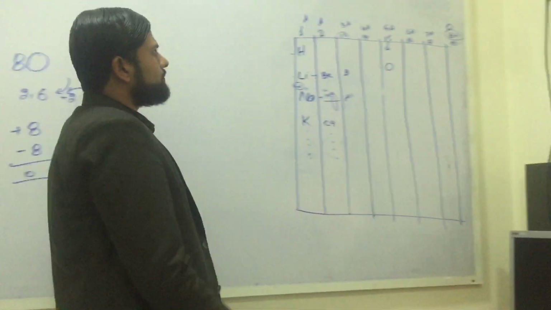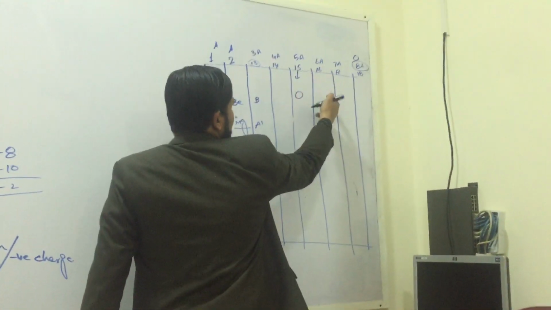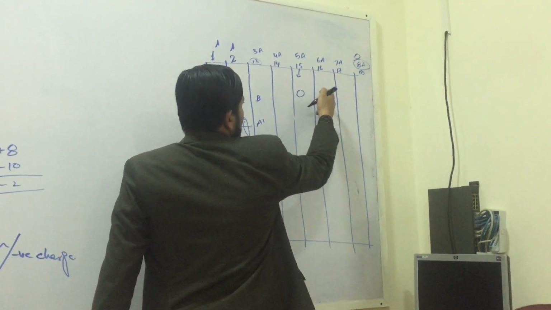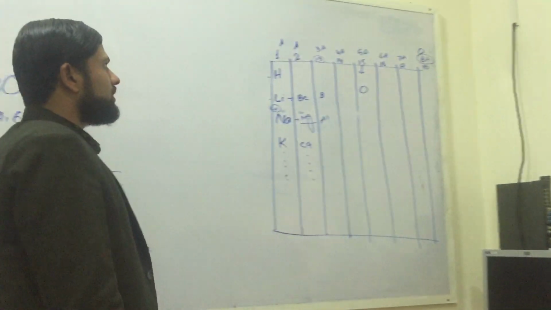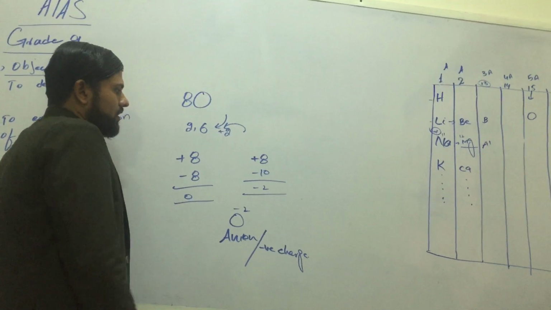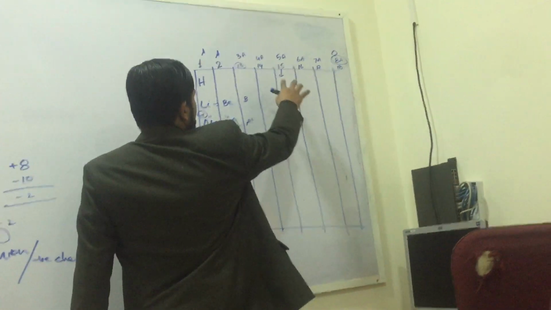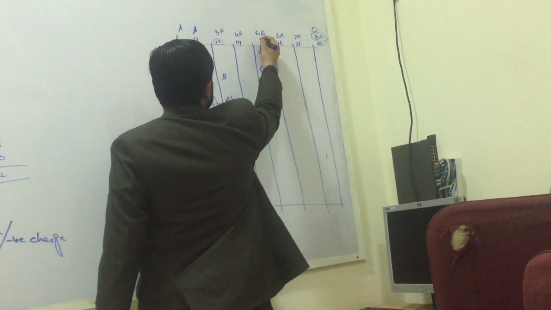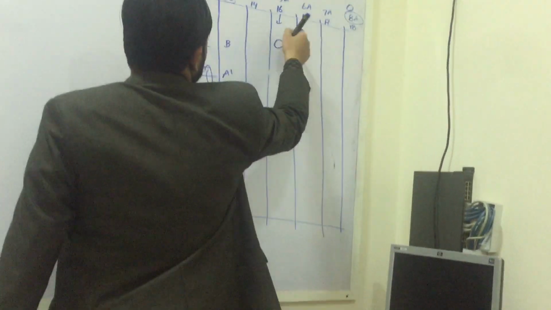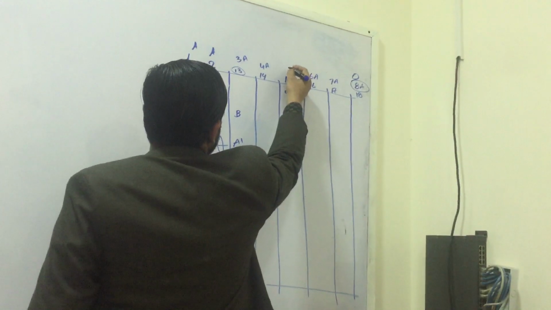Similarly, going to the next group, number 16 or 6A, which one would be the next element? Sorry, this was group number 16, so I took oxygen. Group number 15 is missed.